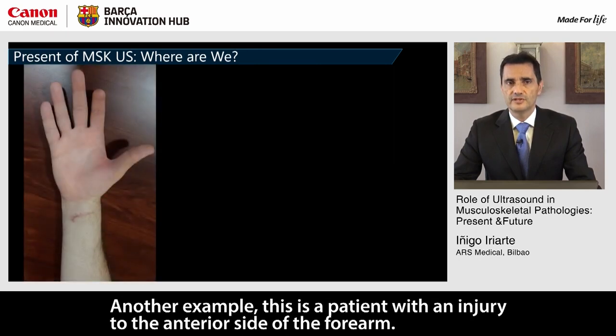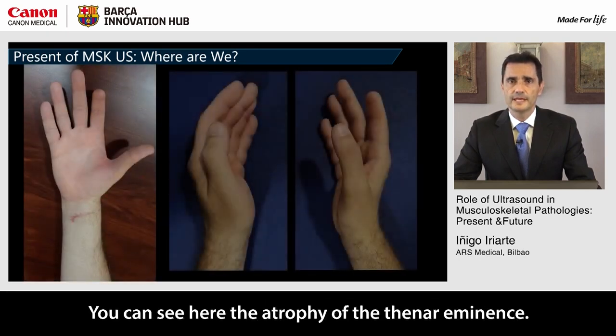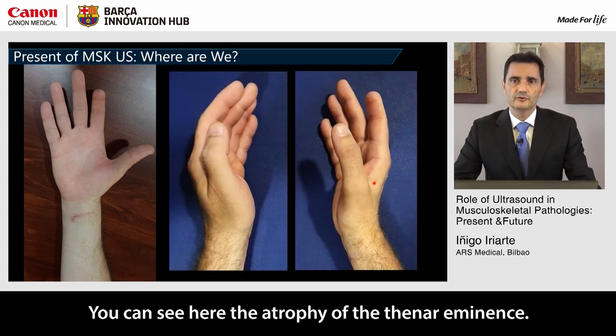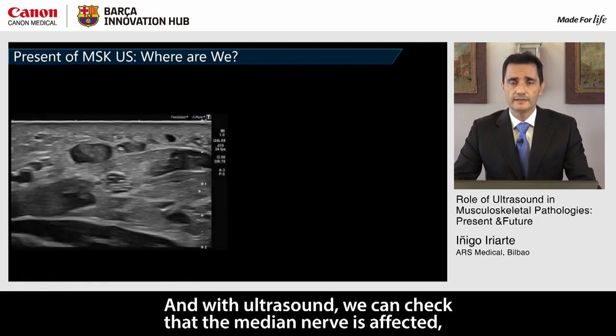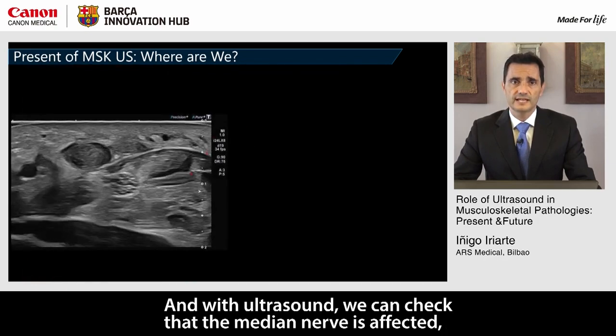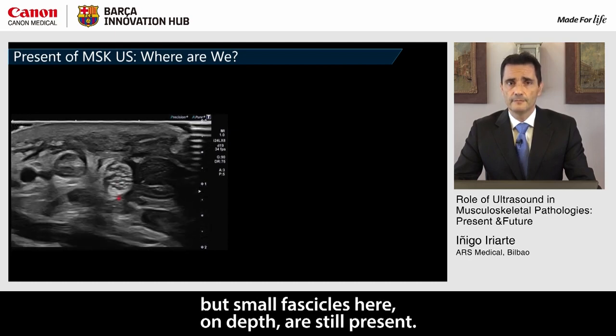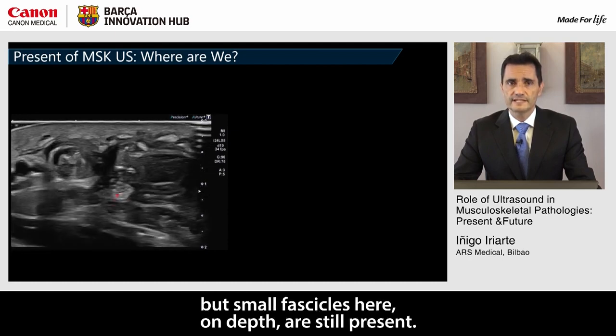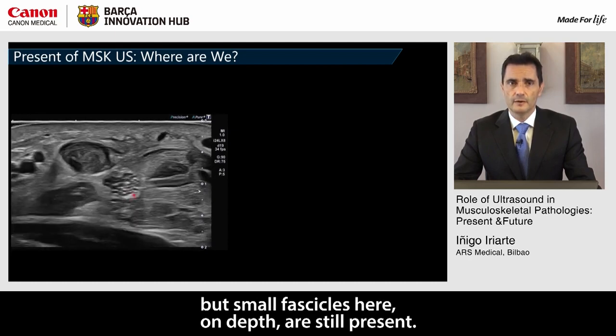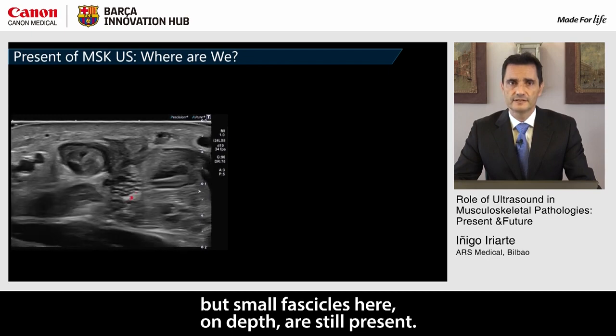Another example, this is a patient with an injury in the anterior side of the forearm. You can see here the atrophy of the thenar eminence. And with ultrasound, we can check that the median nerve is affected, but small fascicles in depth are still present.